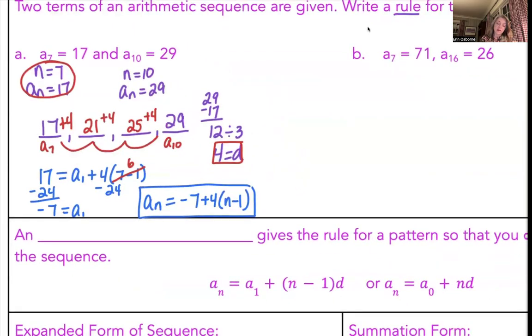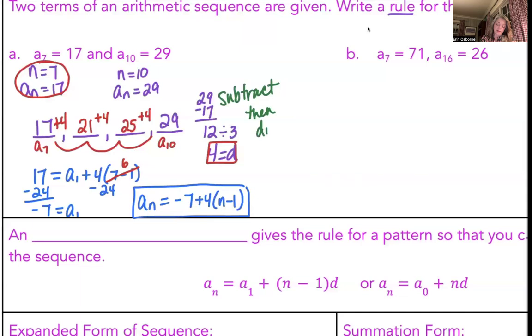So the key points here were to subtract the values first and then divide, but the number that you divide by is how many skips or jumps it takes to get to the next term. And in other words, 10th term minus 7th term is another way to quickly get that 3.